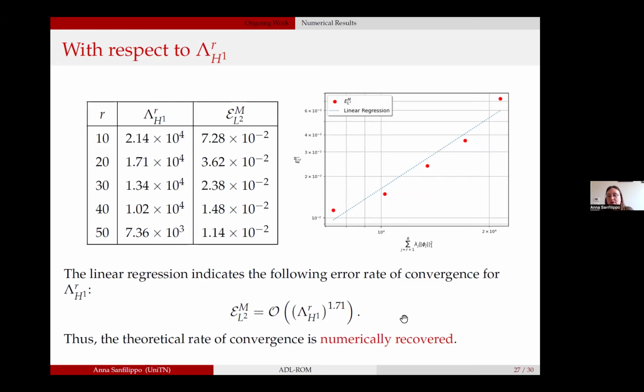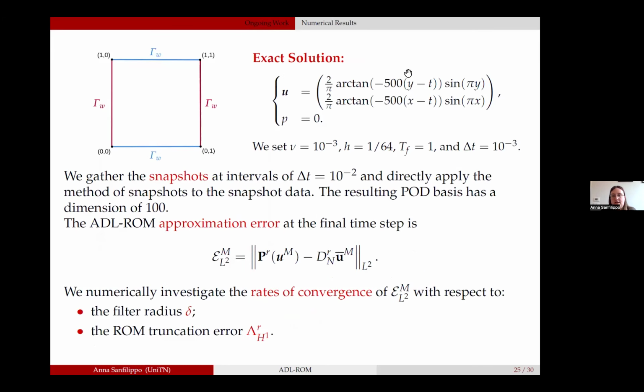So we obviously recovered the theoretical expectation, but it's strange to have such a better result. And our interpretation is that the problem is this dot in the top right corner that corresponds to the 10 modes, in which we have a very large error, since the coefficient in the arctan is -500, it creates very steep waves.